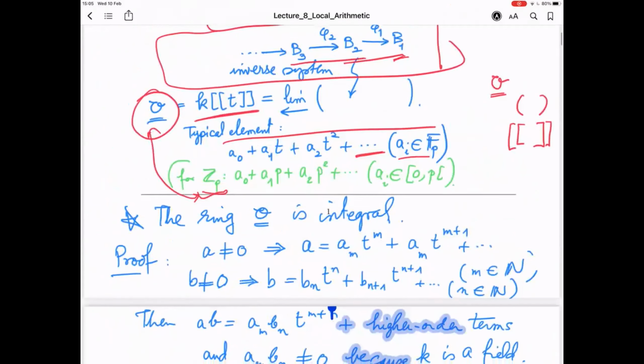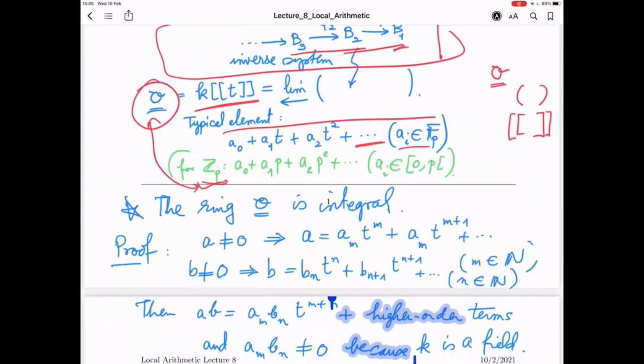So in Z_p, every element could be written a0 plus a1 p plus a2 p squared, and so on, all the way up to infinity. First of all, this p is not an indeterminate, this is an actual number. Here, this T is an indeterminate. So the first difference is that you have an indeterminate T here, whereas you have the number p here.